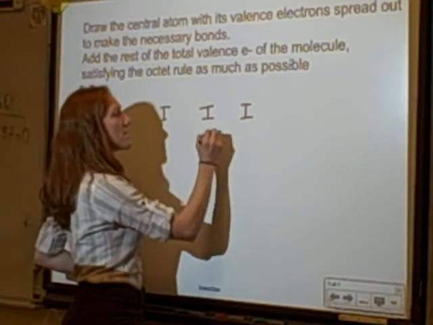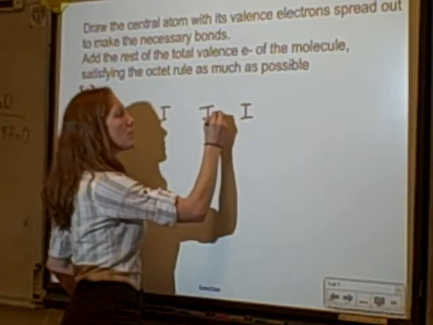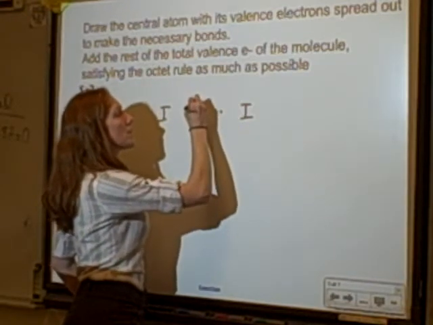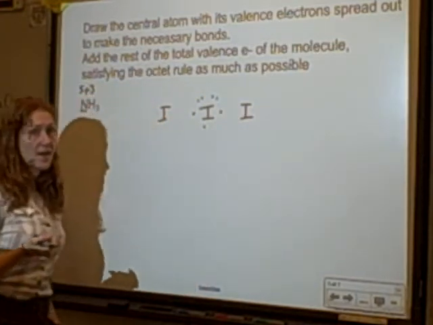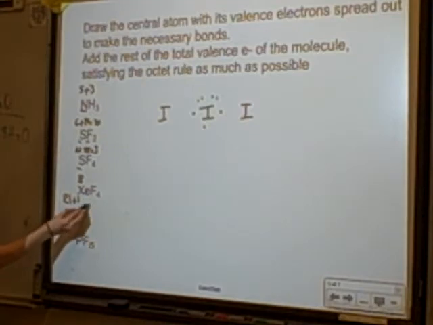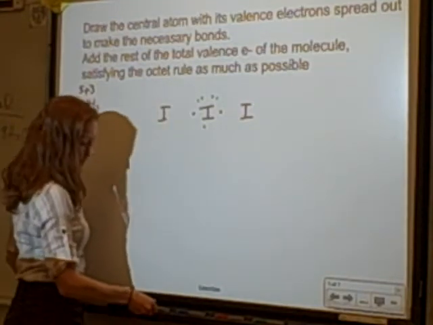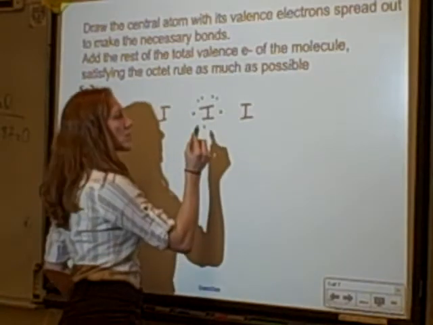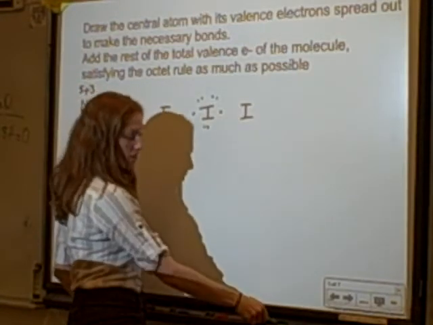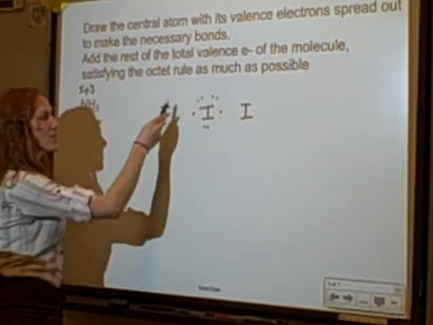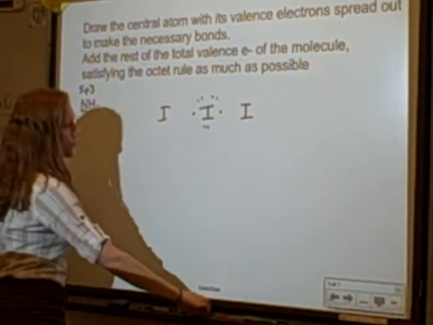So taking this guy's valence electrons, he has 1, 2, 3, 4, 5, 6, 7. I don't like that I left a random electron there, so that's where I'm going to use that extra 1 electron. It has a -1 charge, so I'm going to say that's going to be that extra electron that it gains. So now each of these guys has 7, and you can see it's going to work out.